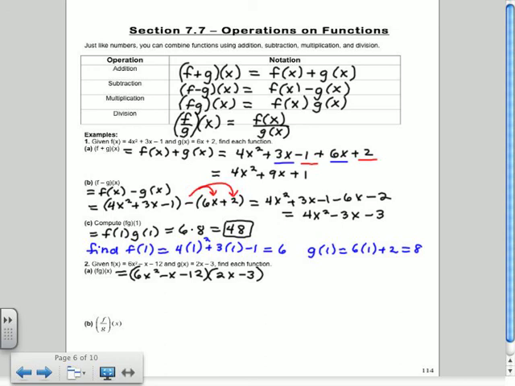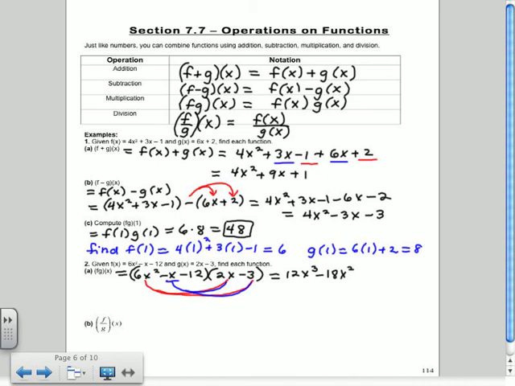Okay, and if you remember when we did this, you take the first term, you multiply it by everything in the second polynomial. So I have 6x squared times 2x is 12x cubed, and I have 6x squared times negative 3 is negative 18x squared. Okay, then I take the second term and I multiply it by everything in the second polynomial.